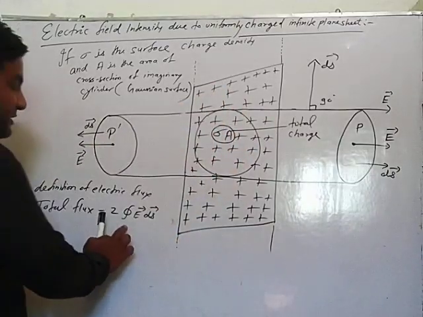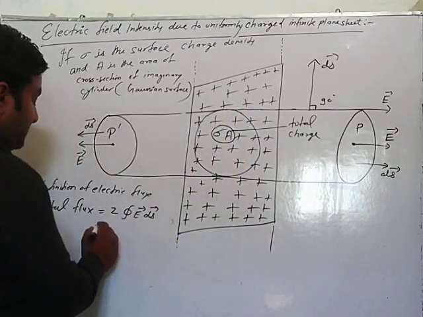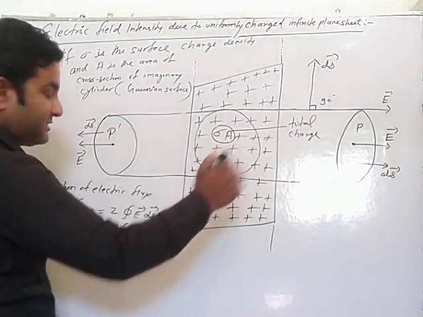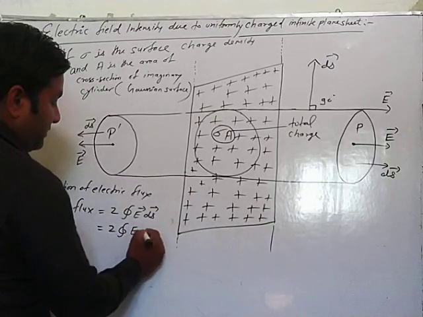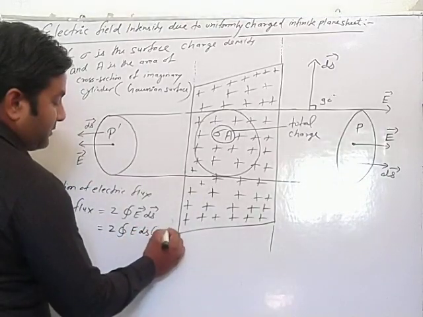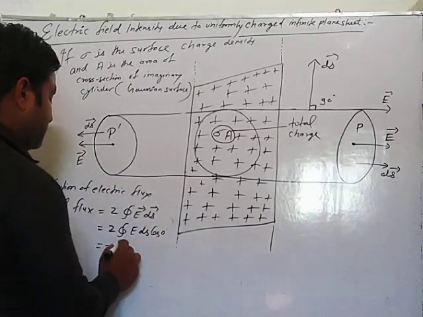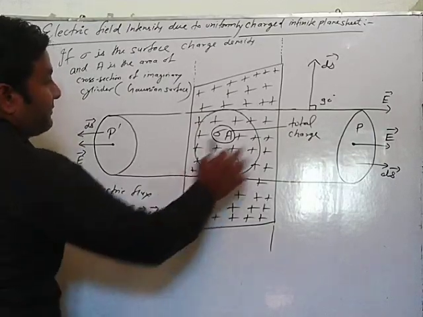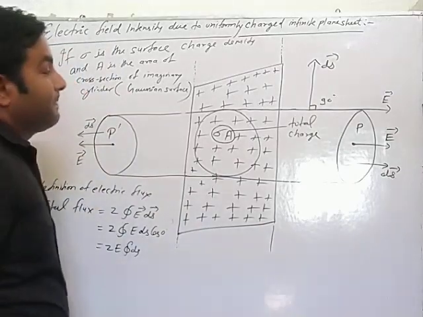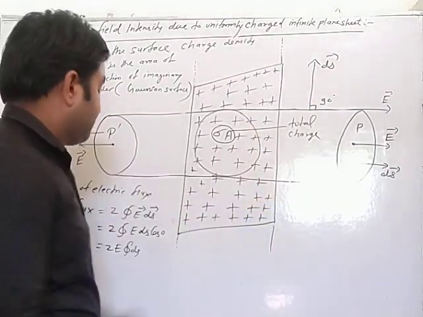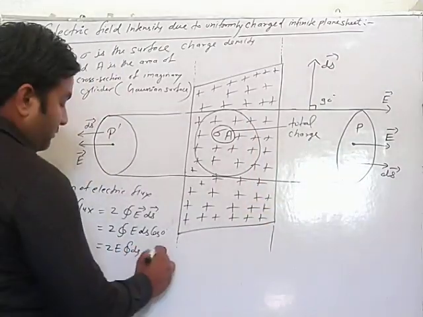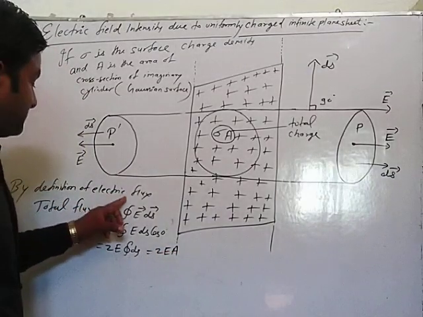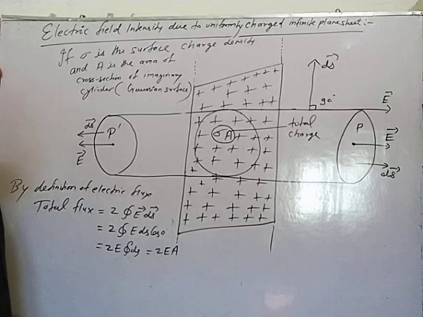Twice the integral over the closed surface of E ds gives, since both E and ds are in the same direction, E ds cos 0 degree, so twice E ds, and the area will be A, that is equal to twice E A. This is the total flux by the definition of flux.